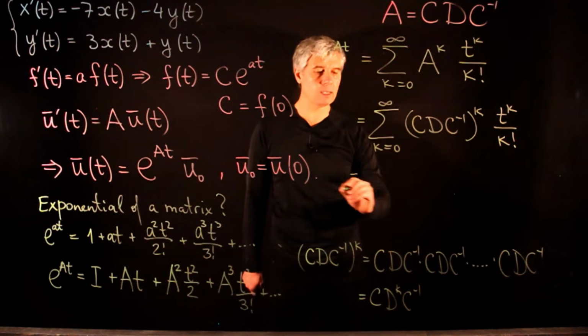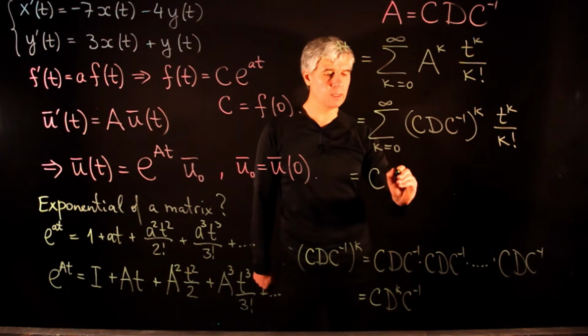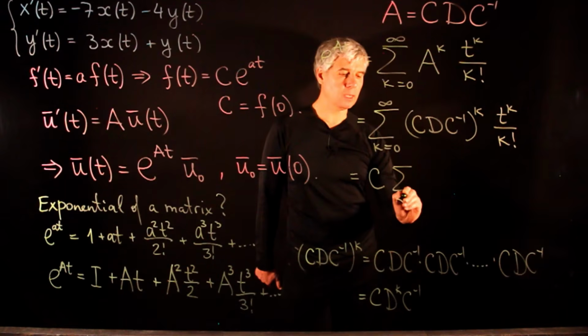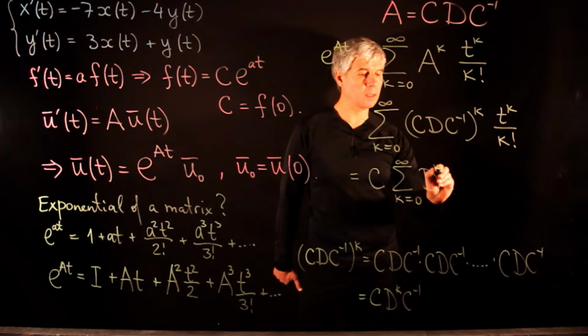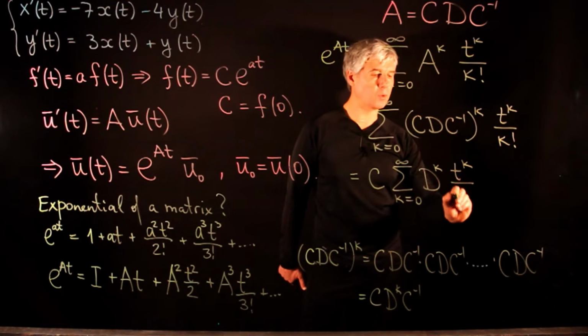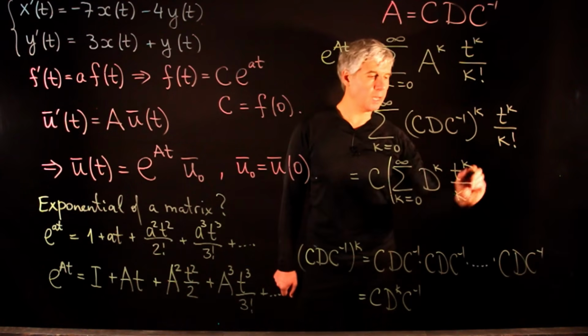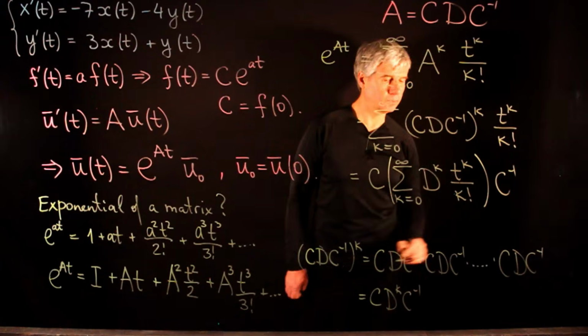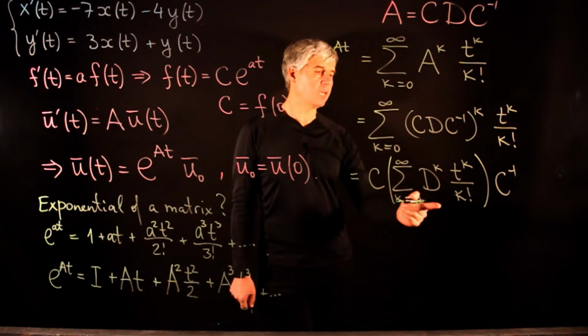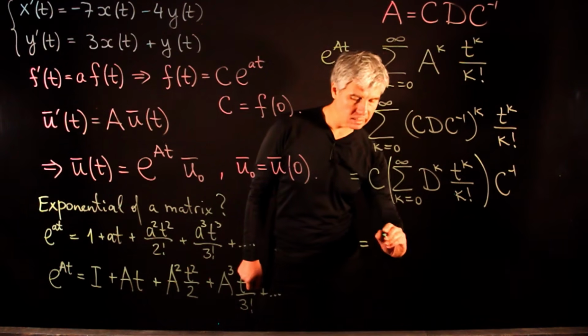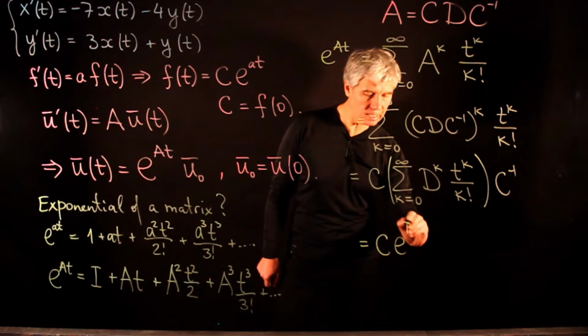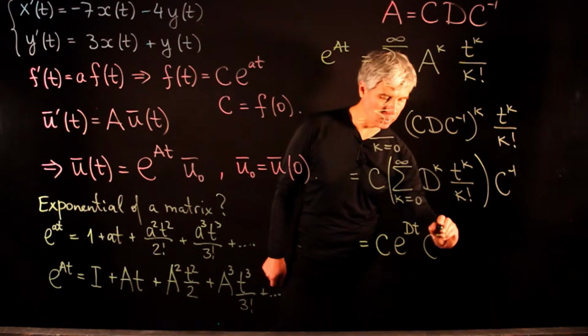So we can write this as C times the sum k goes from 0 to infinity D to the power k times t to the power k over k factorial, times C inverse. And then the middle term becomes the exponential of the matrix D. So what we get is C times e to the Dt times C inverse.